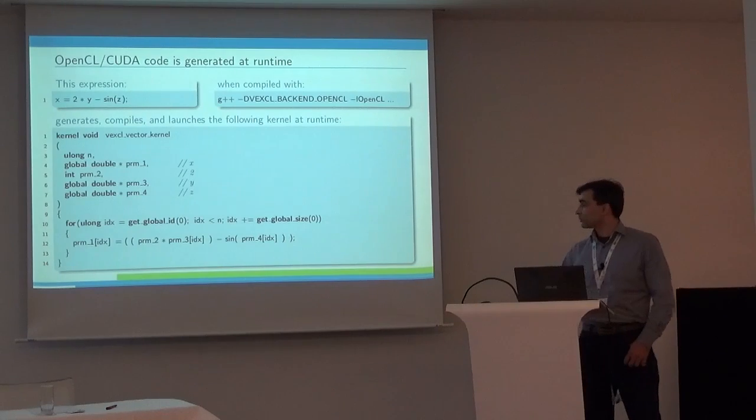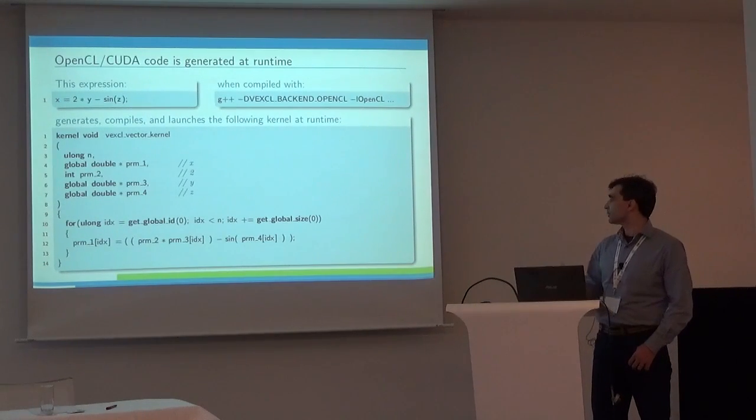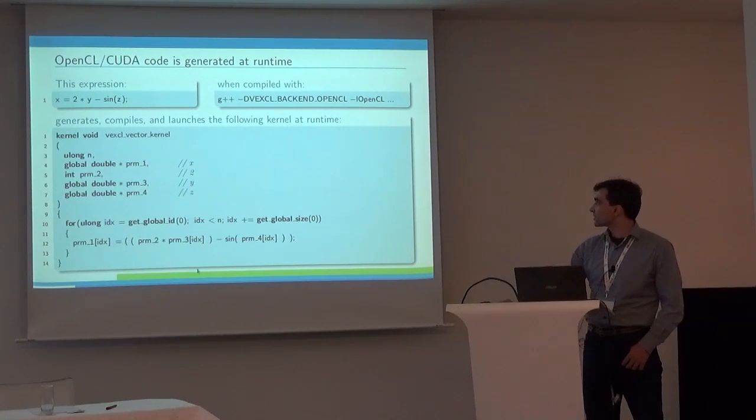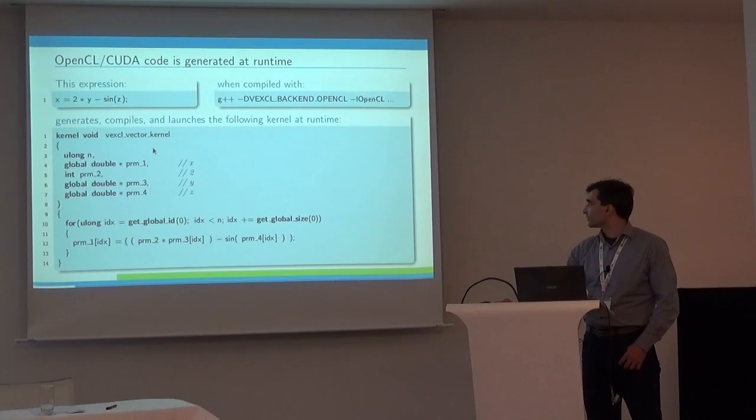And so how does it look if you look into the generated kernels? For example, this expression, when compiled with the compile-time switch VexCL backend OpenCL, or just by default if you don't provide the switch, will generate, compile, and launch the following kernel at runtime.